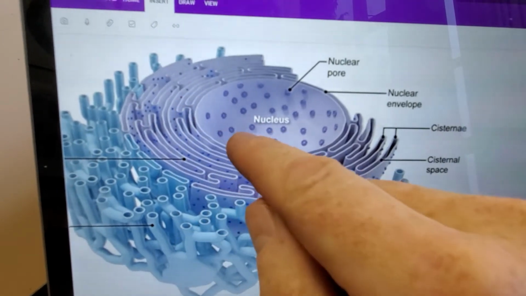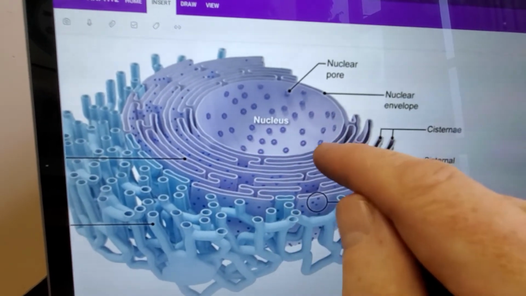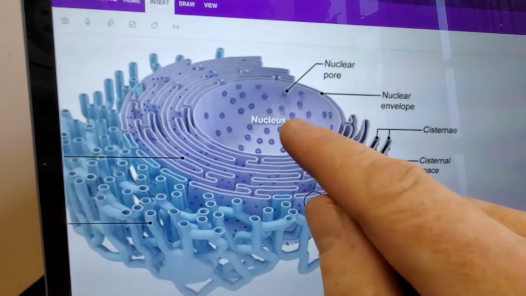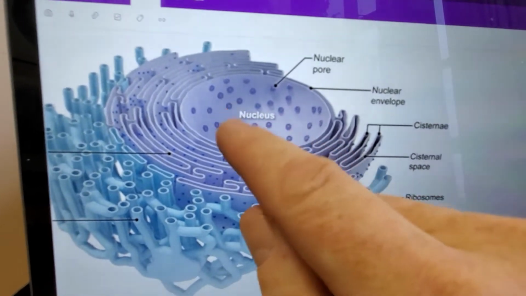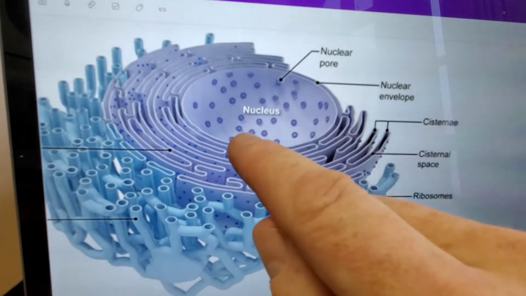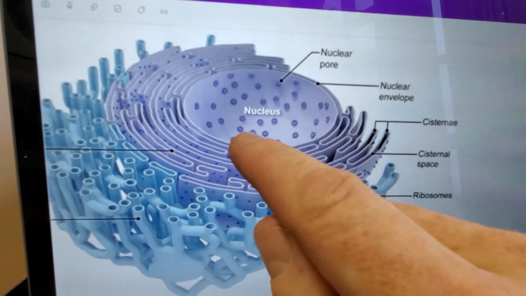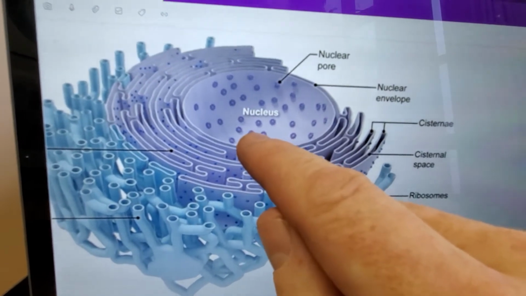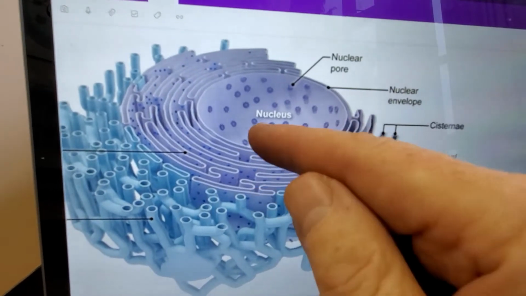The advantage of having all the ribosomes right there is if you need to make something really fast, you can make mRNA inside the nucleus, and right there are ribosomes to make protein and send it out, or send it into the nucleus.